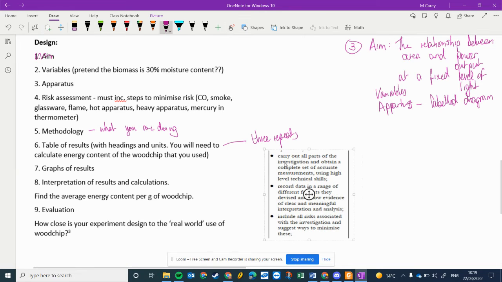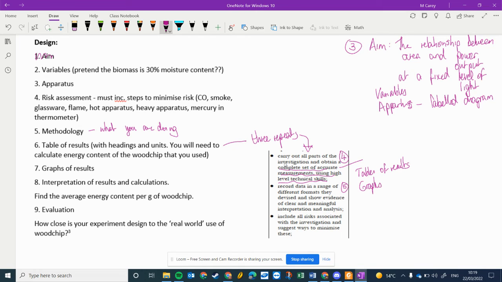So let's call this 4. Obtain a complete set of accurate measurements using high-level technical skills. Obviously you've done that, or kind of done it. Now, complete set is repeats, headings, units, and all that. Number 5, record data in a range of different formats. So this is tables, your table of results, and your graphs.